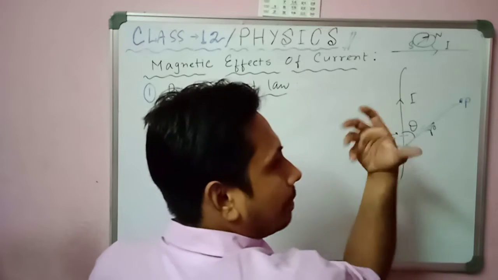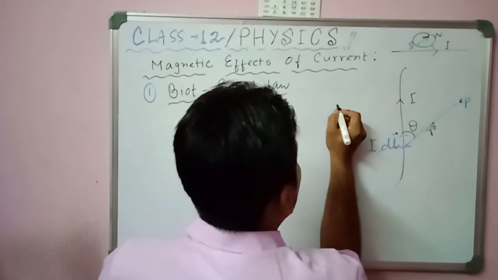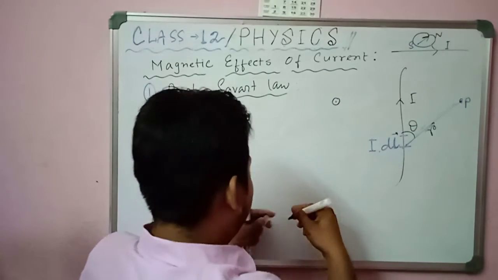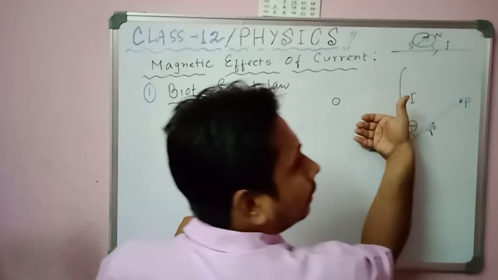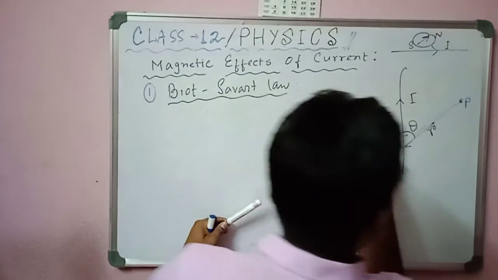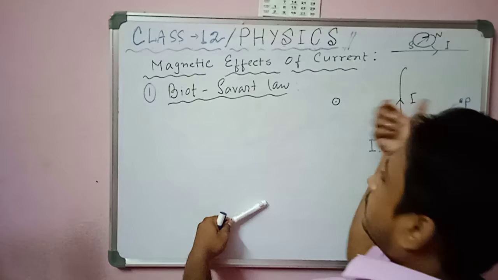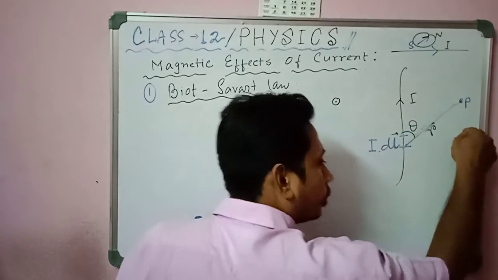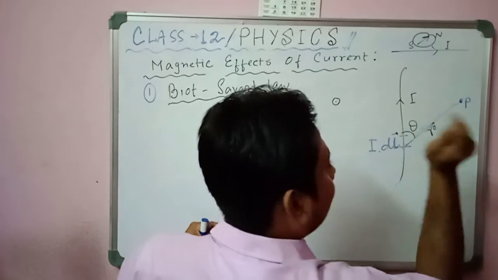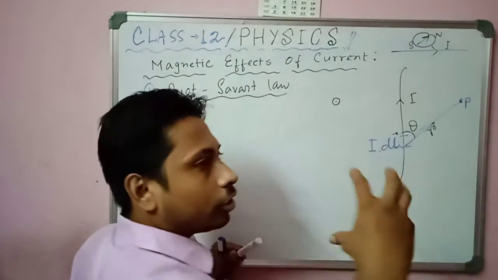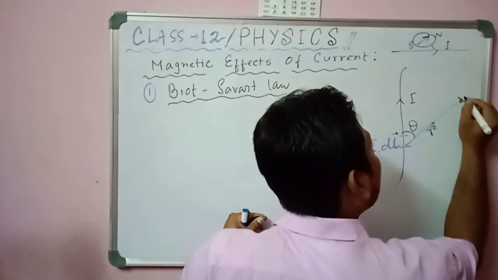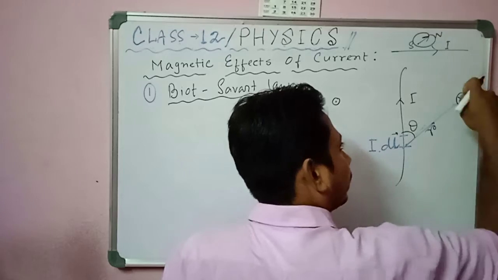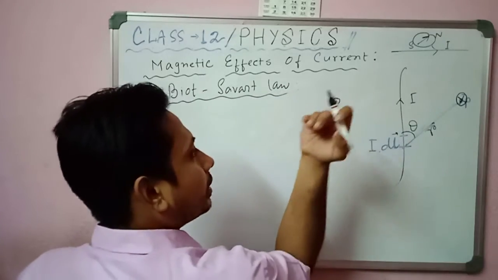This coming out you can draw as a dot. Dot means comes out. The fingers going round that side go into the board, so inward you draw a cross. Cross means inward, dot means outward.